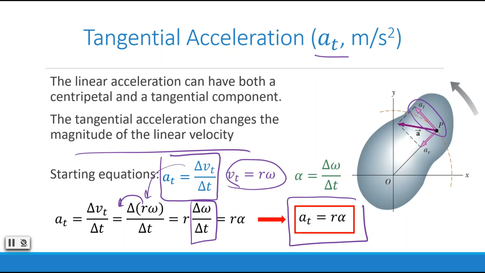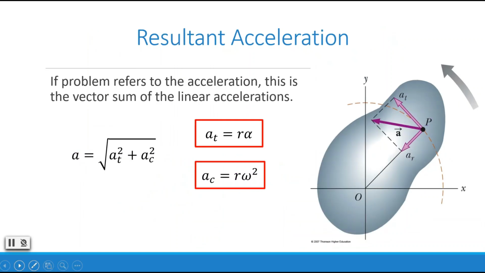There's a difference here in the way that you're behaving, because your tangential acceleration is based on your angular acceleration. If you're going at a constant speed around the circle, then you have no angular acceleration, which means you have no tangential acceleration, but you would still have a centripetal acceleration if you were moving in a circle.